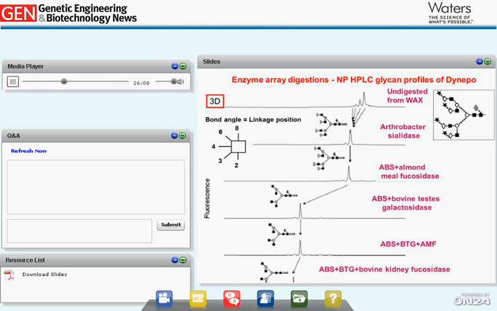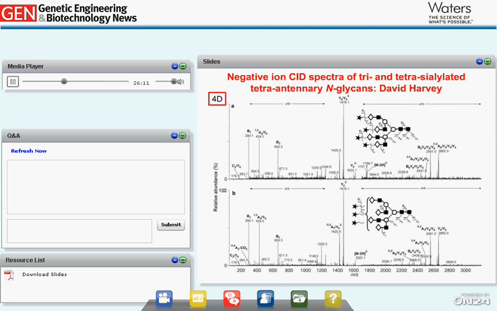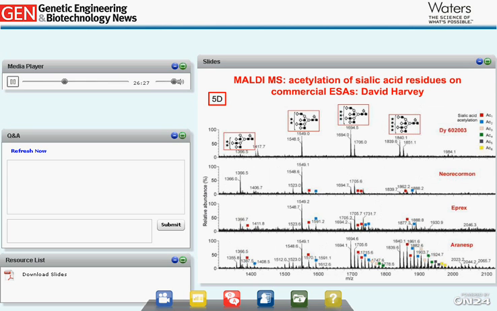Then if you need to go into more detail, which you sometimes would if you were deep into research, you can use negative ion CID spectra in order to determine which arm of a tetrasialylated structure the sialic acids are attached to, for example. And then you could go even deeper into looking at the number of O-acetyl groups which are substituted into the sialic acids.